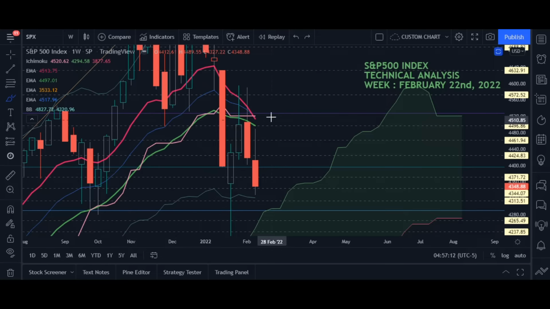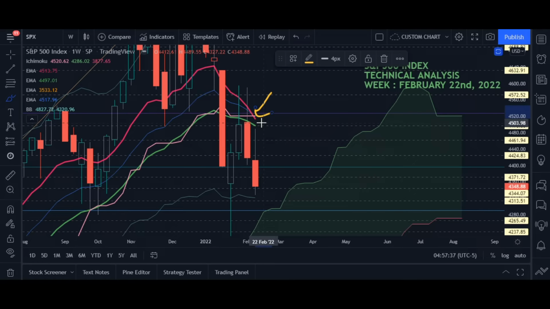Then come the moving averages. There is a crossover in the moving averages. This has happened after 1.5 years, after October 2020, so this is the first time. That is one thing, the crossover.